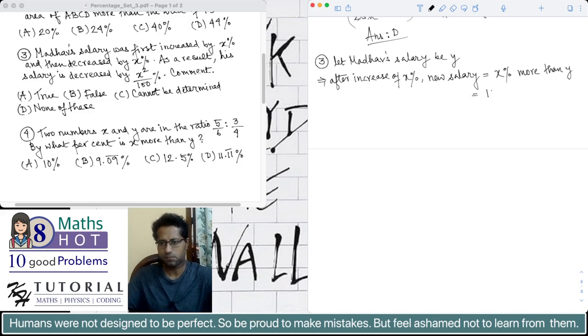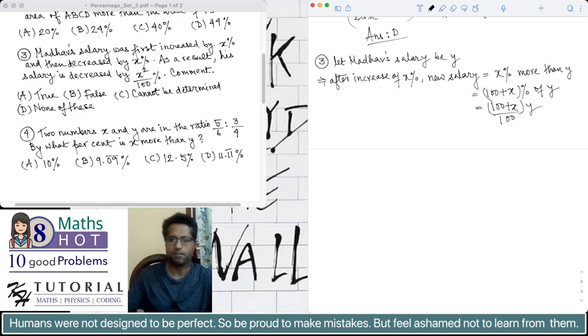It is 100 plus X percent of Y, which means 100 plus X divided by 100 and then multiplied by Y. So this is the salary after an increase of X percent. Now again, based on this salary, the salary was again decreased by X percent.